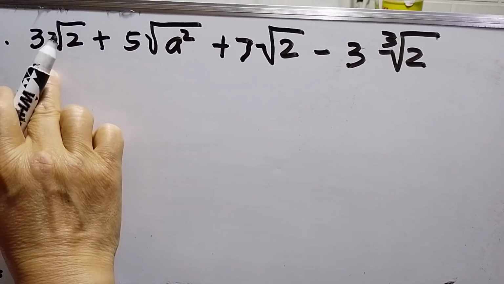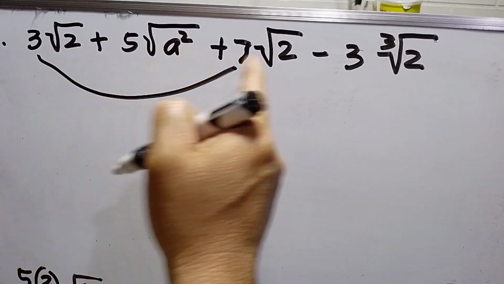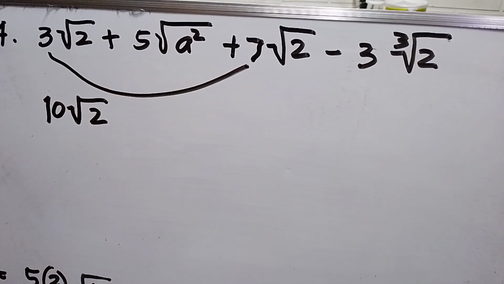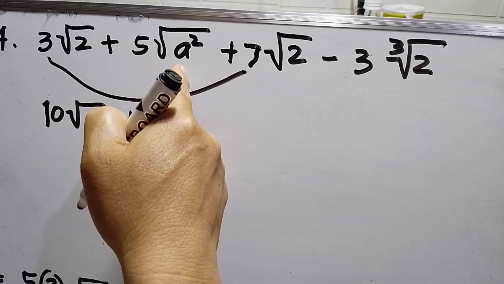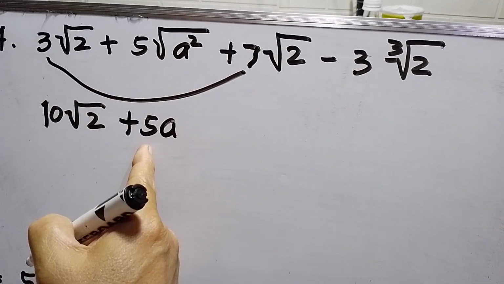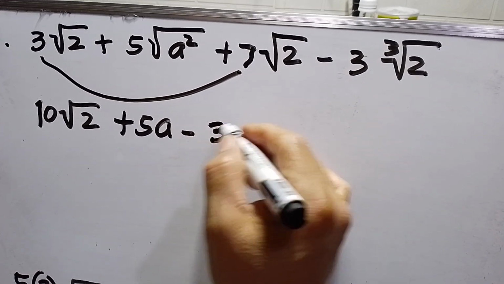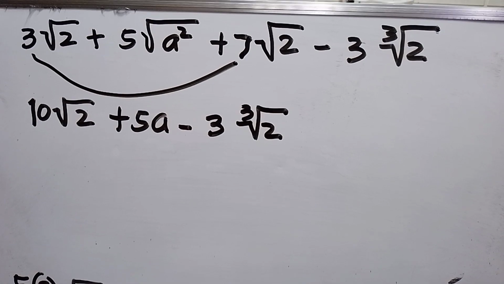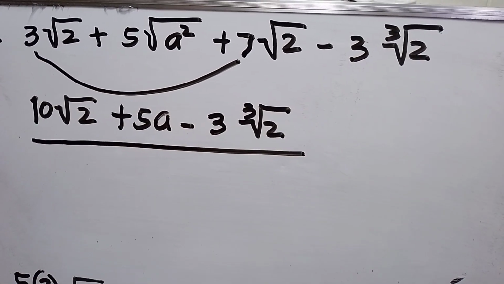So I need to copy this one and then combine this one because square root of 2, square root of 2. So this will be 10 square root of 2. And then this one will be square root of a squared is a. So I have 5a. And then just copy this one, minus 3 cube root of 2. Okay, this is the answer for number 4.